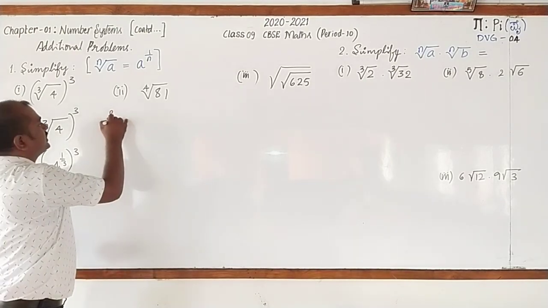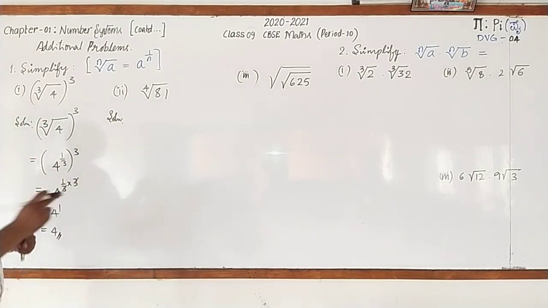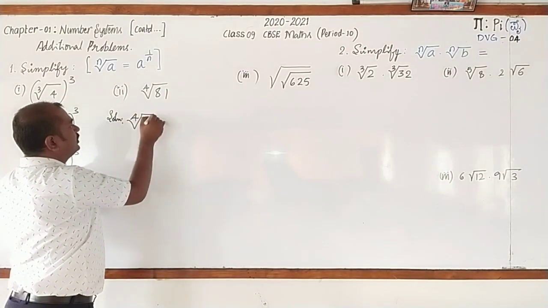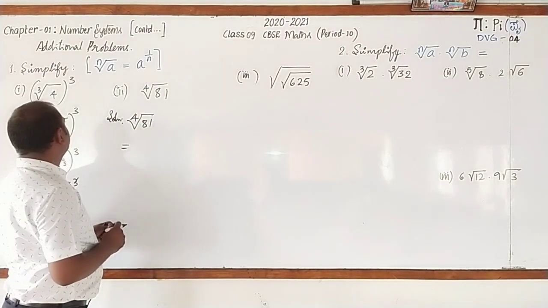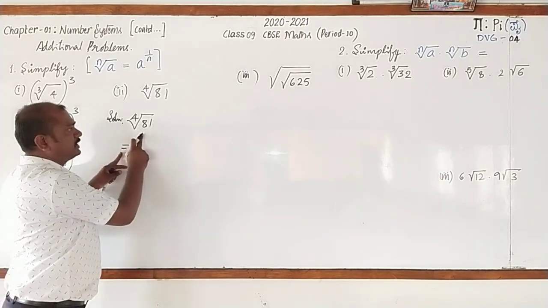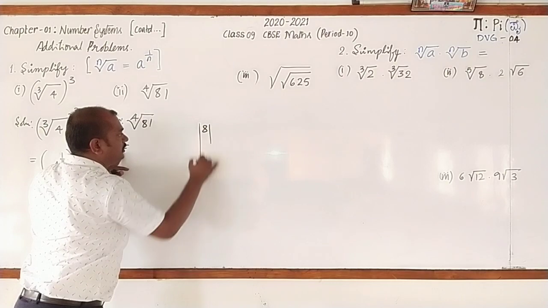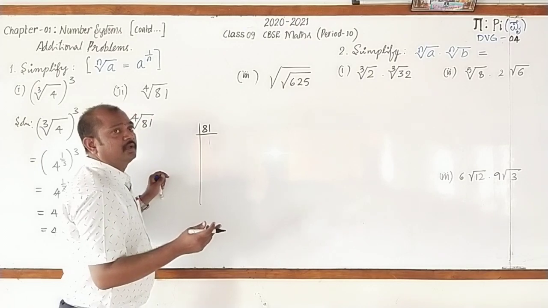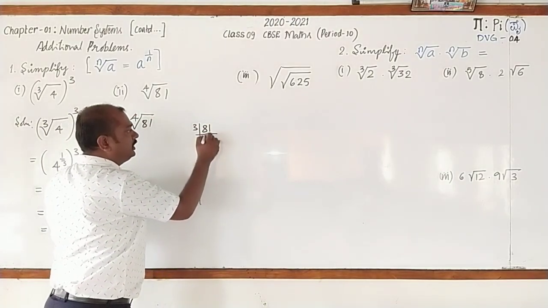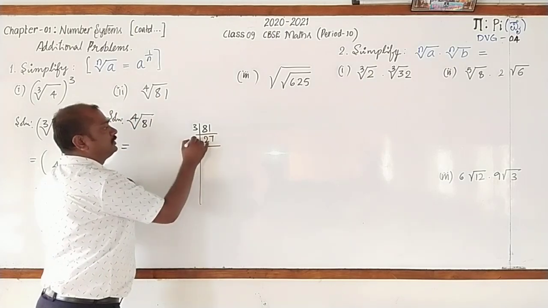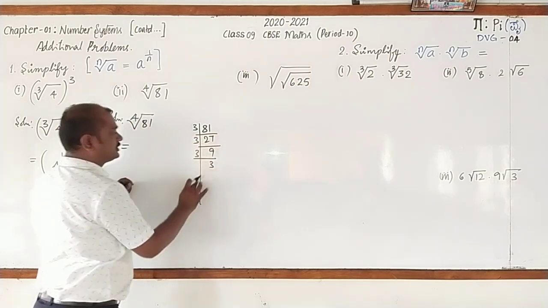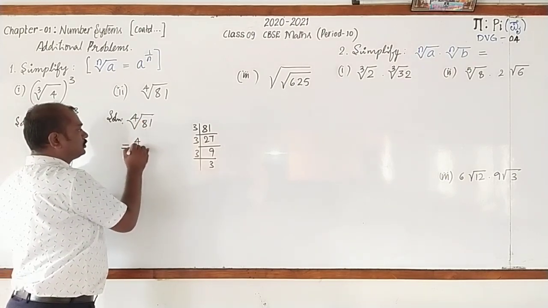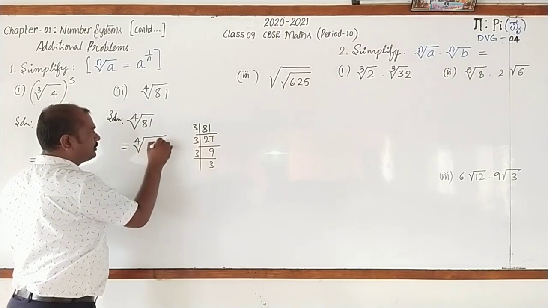Now, let's move on to the second one. It is 4th root of 81. Then how to write this? We know that 81 is a multiple of 3 as well as 9, hence it can be expressed as a power of 3. 3 3s are 9, 3 9s are 27, 3 27s are 81. So 4th root of 81 can be written as 4th root of 3 raised to the power 4.